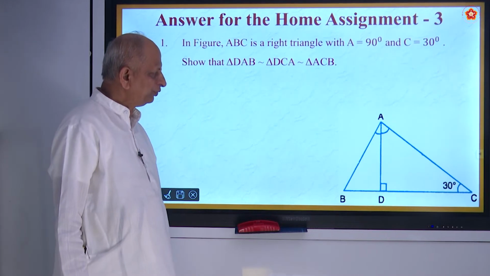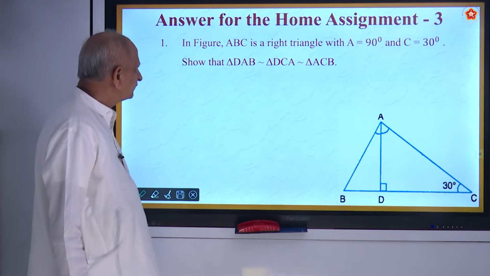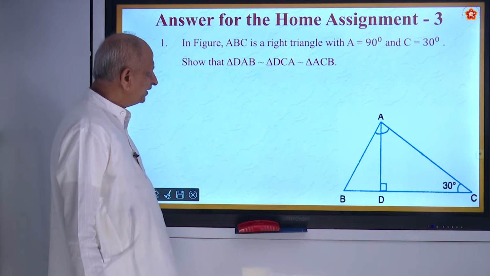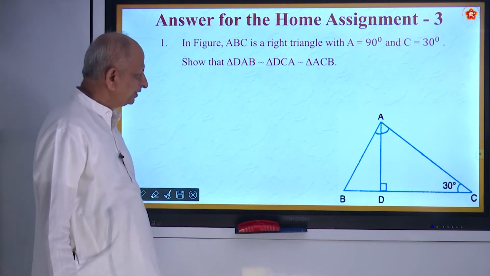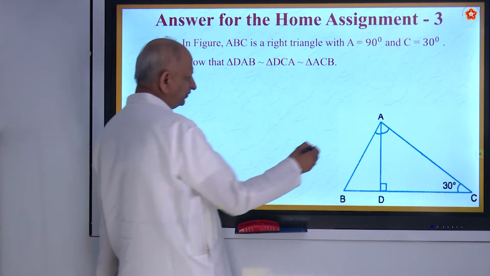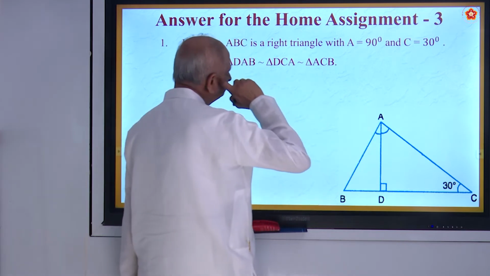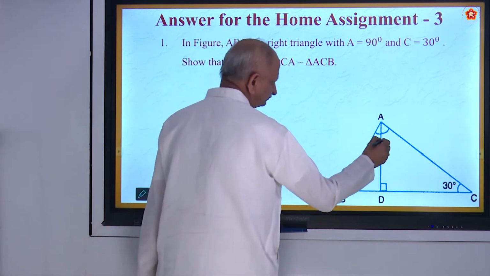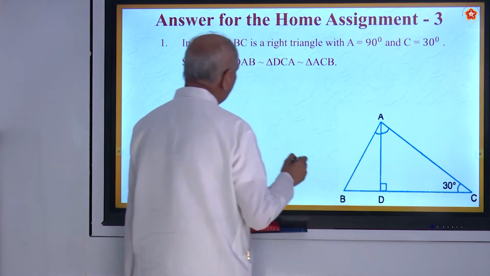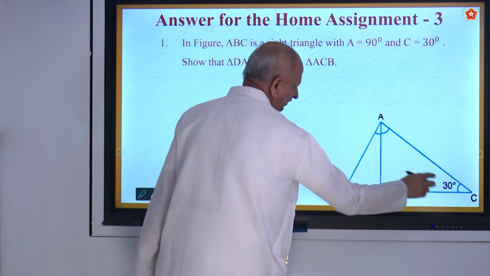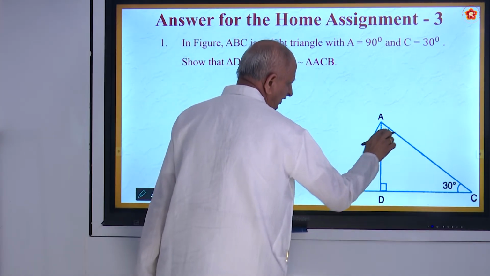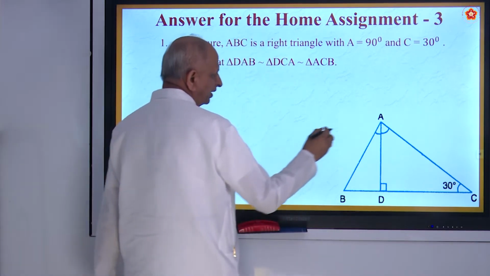With this we will come to home assignments. So in the figure, ABC is a right angle triangle with A equal to 90 degrees, and C is 30. If C is 30 and this is 90, what about this angle?